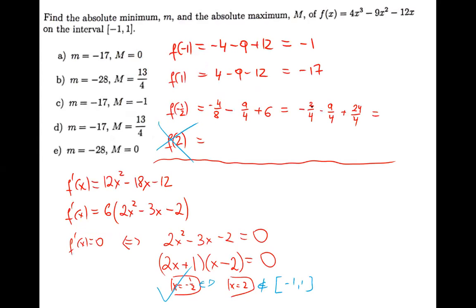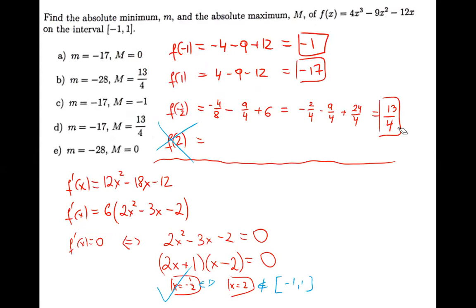Nice, common denominators. -2, -9, and positive 24. That gives 11, -11, and 24. I think it's 13 over 4. Okay. That we do have a number value: -1, -17, and 13 over 4.